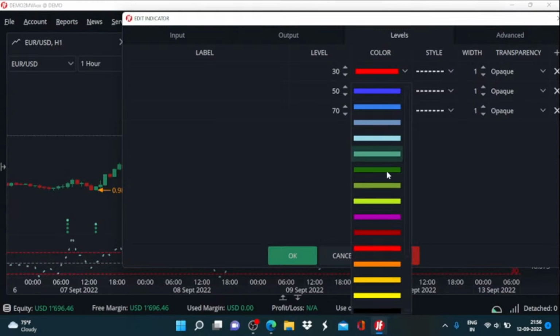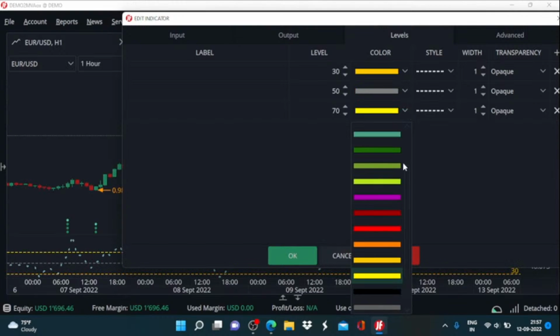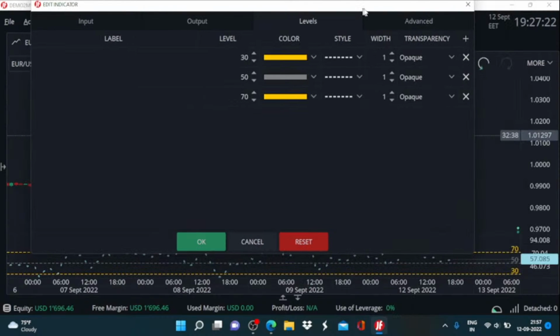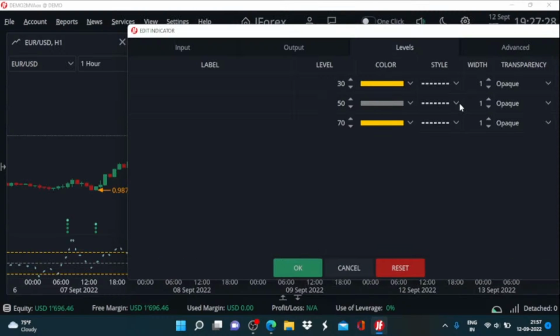Even the color combination of these levels, the higher levels, can be varied. Here also we get the same option of opting for the styling of our choice.